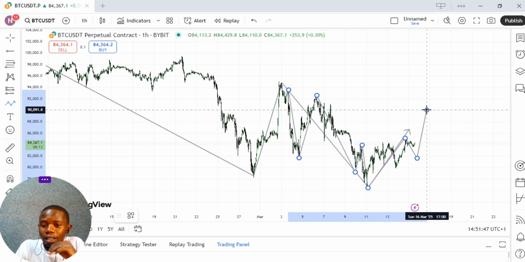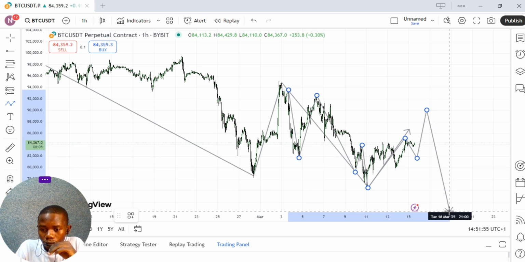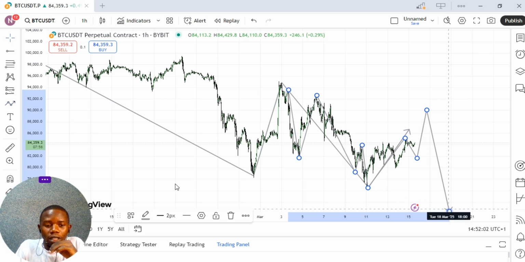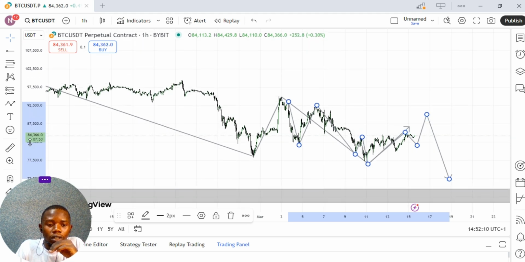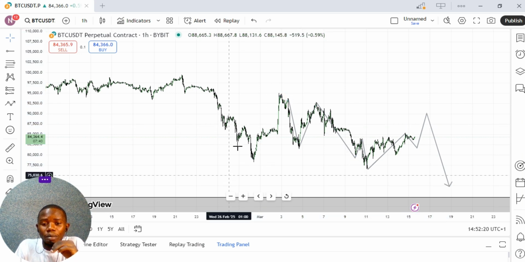Then from 90k we might see a dump to around 75k, 72k. So that's it about market structure.